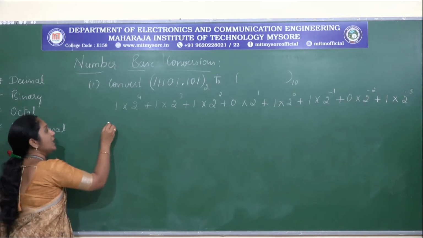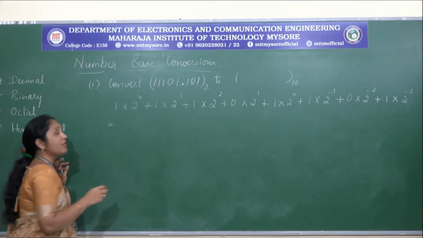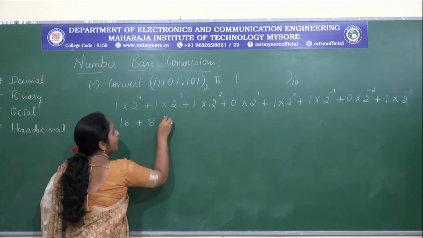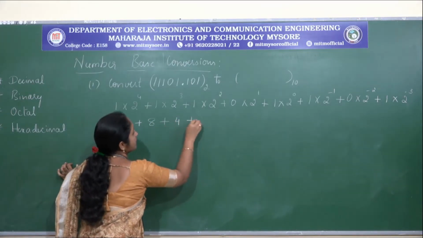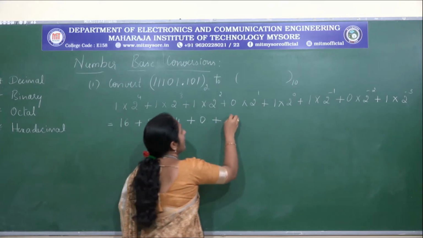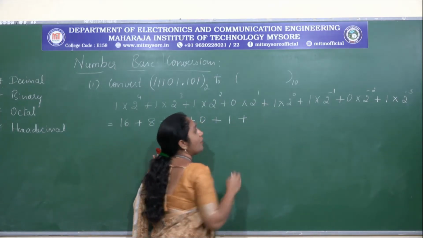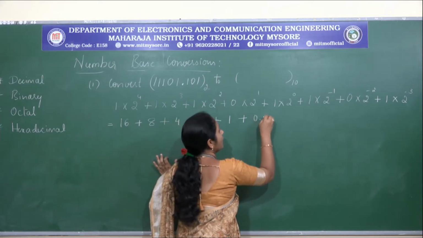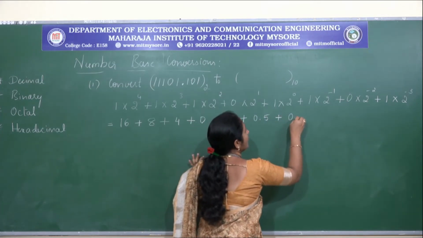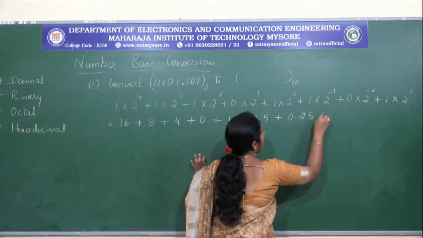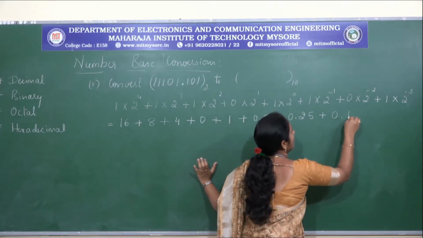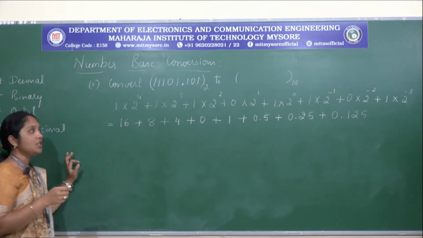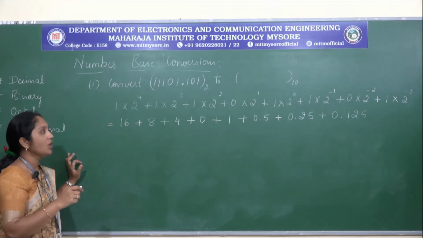Now let us find out the equivalent of this. 1 into 2 power 4, 2 power 4 is 16. So 16 plus 2 power 3 is 8 plus 2 power 2 is 4 plus 0 plus 1 plus 2 power minus 1. 2 power minus 1 is 1 by 2, which is 0.5, plus 0.25 plus 0.125. So 1 by 8 is 0.125.